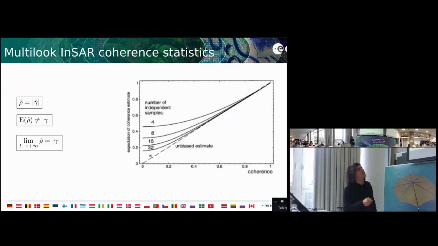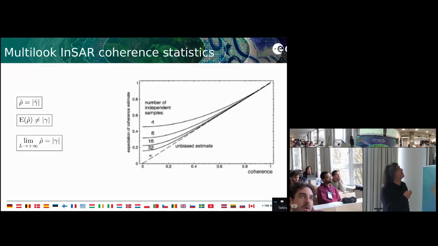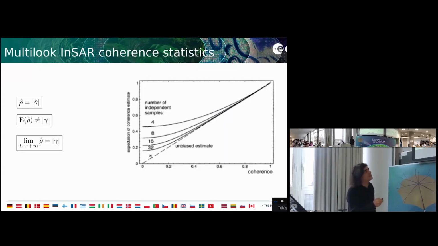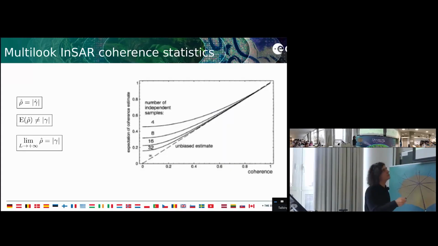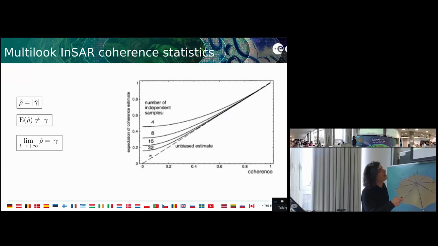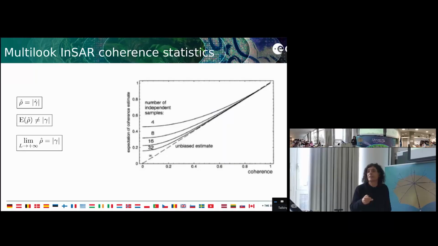If the coherence goes down, one may show that the estimate you get with the multi-look approach is biased. You don't measure the true value. This offset can be seen here. If I have a true coherence of 0.2 and I use only 4 samples to compute my coherence, I will have an estimated coherence of 0.4.